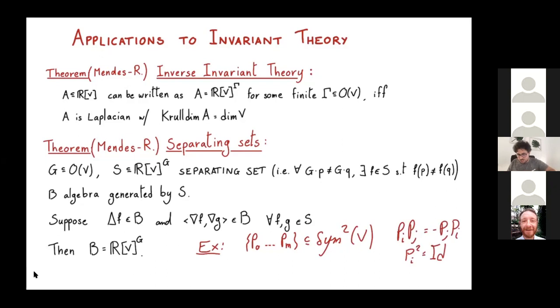If you have this, then you can generate the algebra A of R^n that is generated by the quadratic polynomials that correspond to these matrices, so generated by the polynomials ⟨P_i x, x⟩. So these are quadratic polynomials. Again, it is very easy to prove that it is Laplacian. Very, very easy.